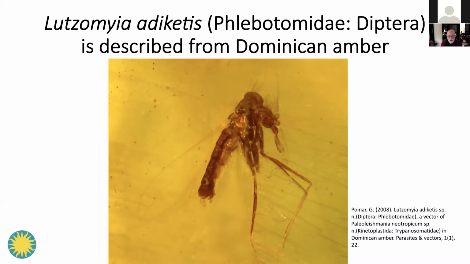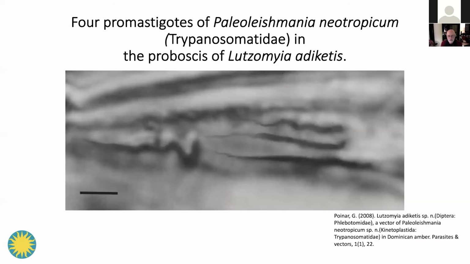And when they looked at the proboscis of this particular fossil fly, now this is in amber, they found trypanosome parasites. And of course, the proboscis is involved in the transfer of blood from the host to the stomach of the fly. And so you'd expect to find them smeared on the proboscis of the fly.